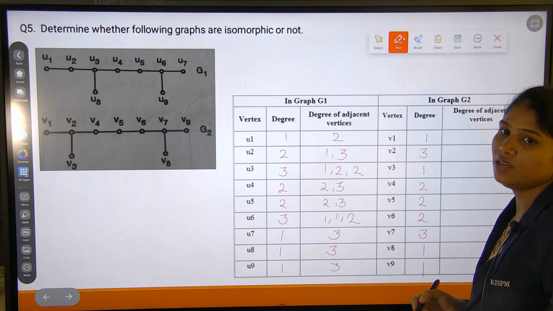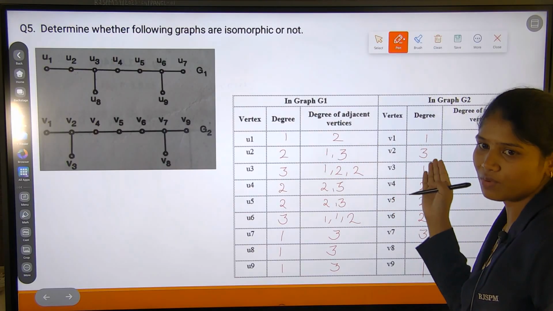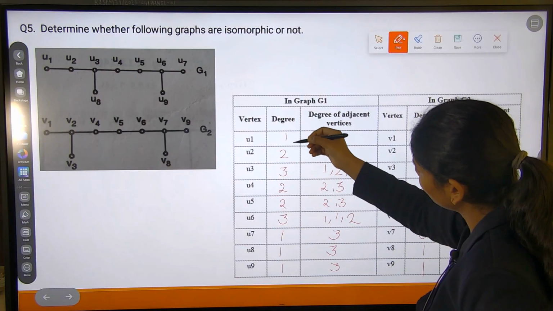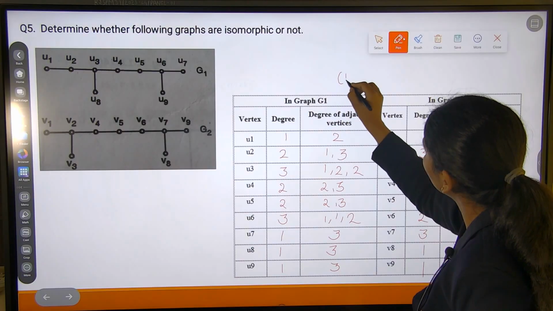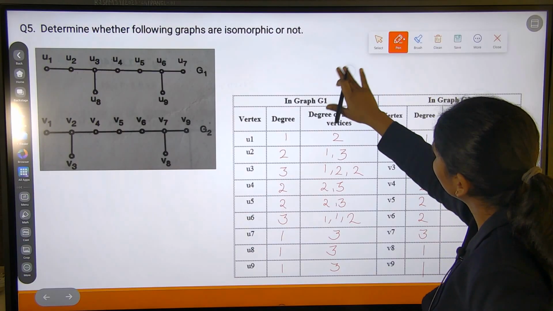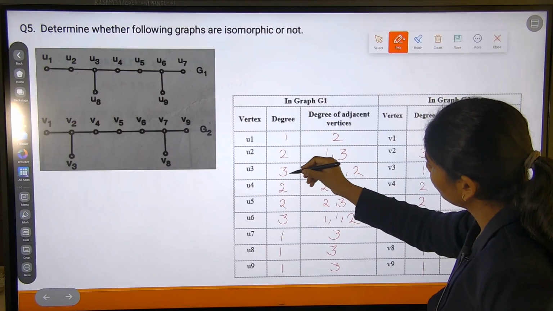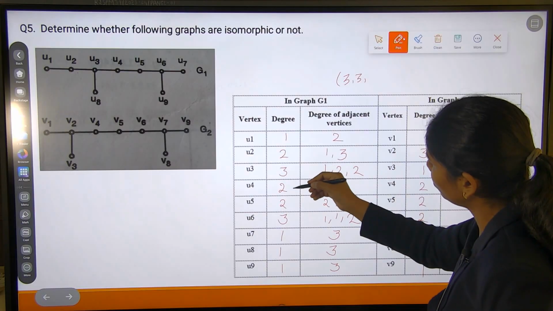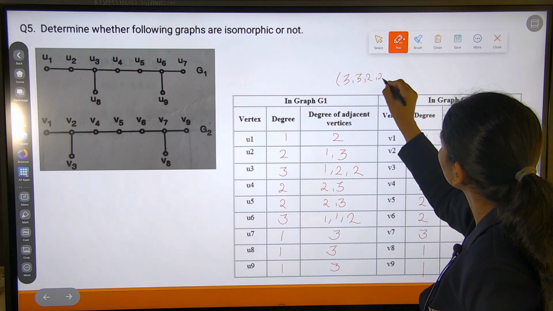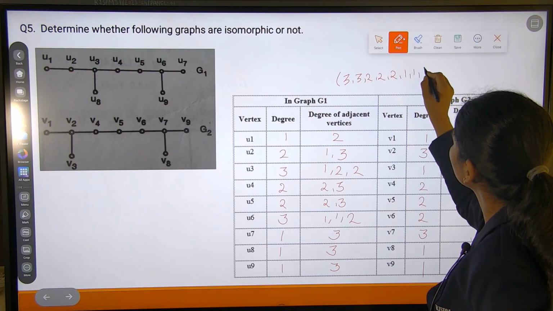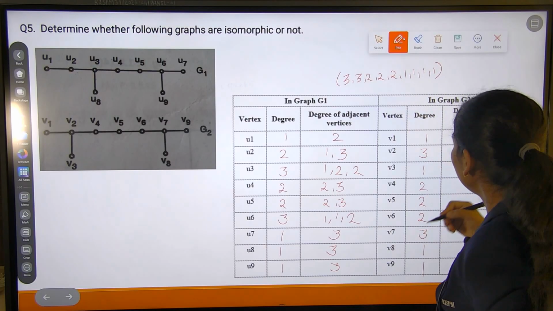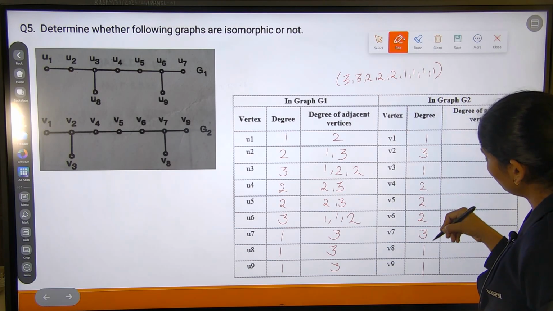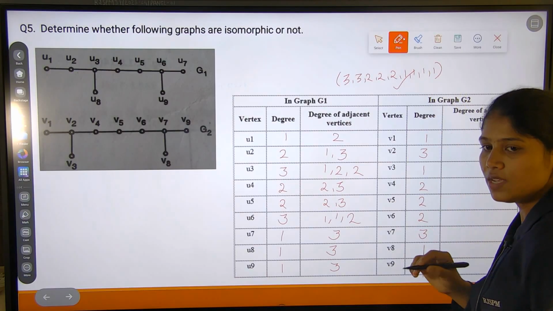Then check the degree sequence. Is the degree sequence the same or not? In graph G1 there are 4 vertices of degree 1. Write it in decreasing order: 3 2 times, 2 3 times and 1 4 times. In graph G2, 3 2 times, 2 3 times and 1 4 times, therefore the degree sequence is the same.